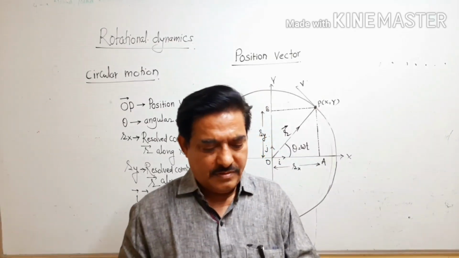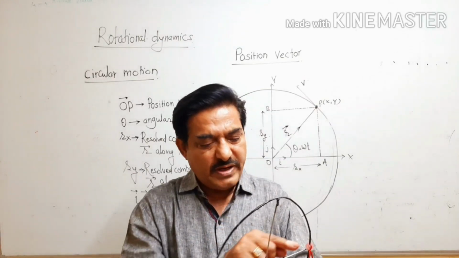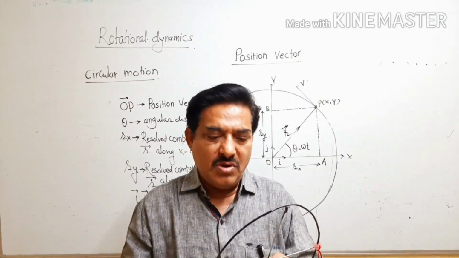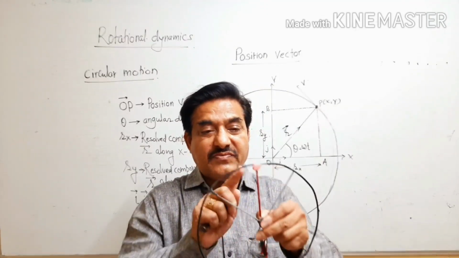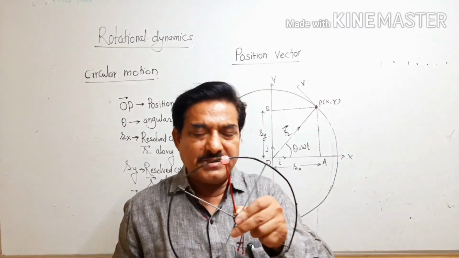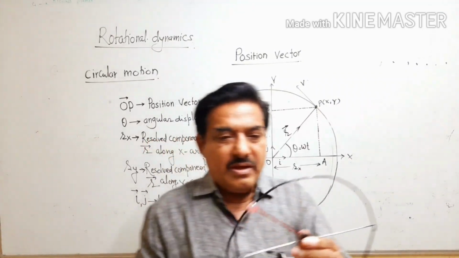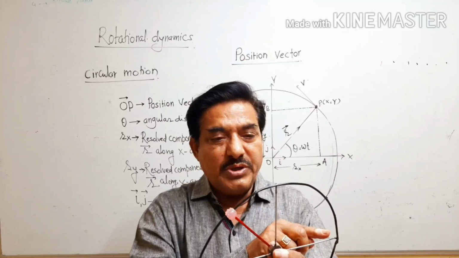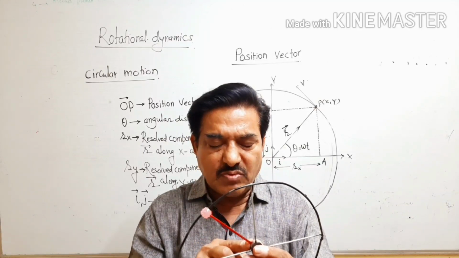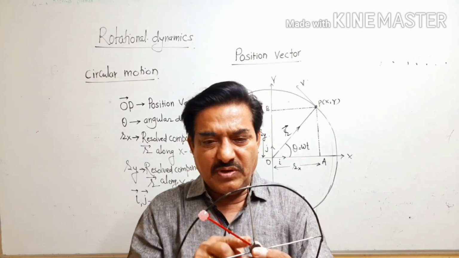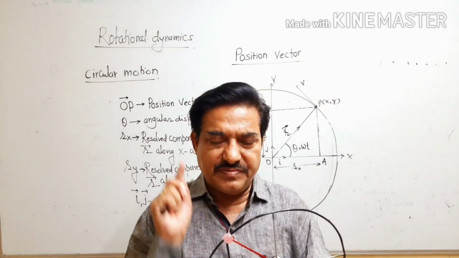If the center of circular motion and the origin of the x-axis and y-axis coincide with each other, then this radius vector is known as the position vector. See once again, if the origin of the x-axis and y-axis coincides with the center of circular motion, then this radius vector is known as a position vector.